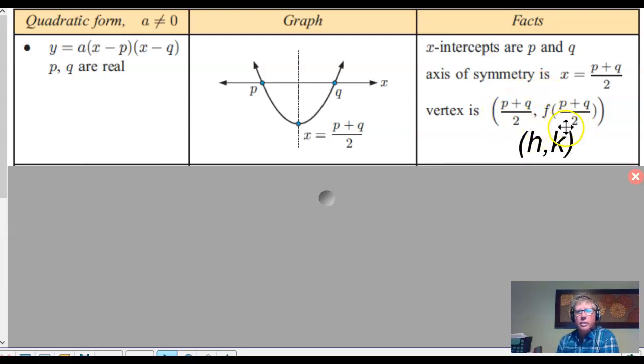This notation is just saying plug that x value into the function. So in other words, if I know what the x value of the vertex is, I just plug it in right here and right here, evaluate, and find my y value. And then I'd have the vertex. There's a lot of good information there.